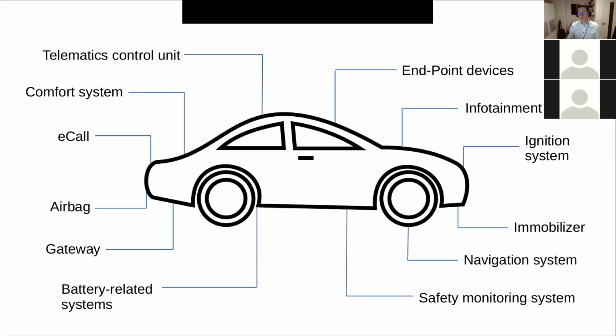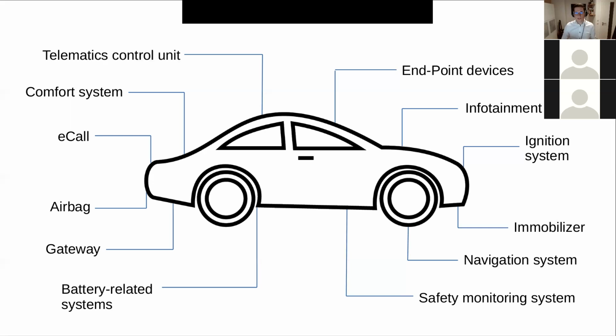Next up would be a navigation system. Sometimes it is separated from the infotainment system and sometimes not, but it is pretty relevant or interesting in modern vehicles because it stores a lot of information related to the route and also route-related information such as speed and which paths are taken by the vehicle.